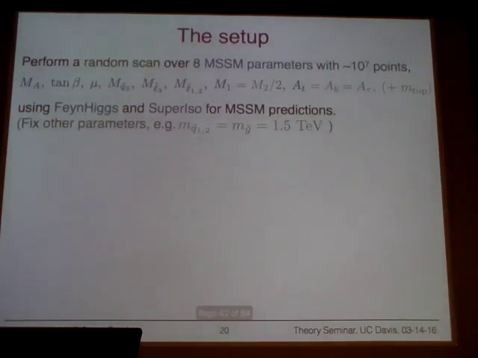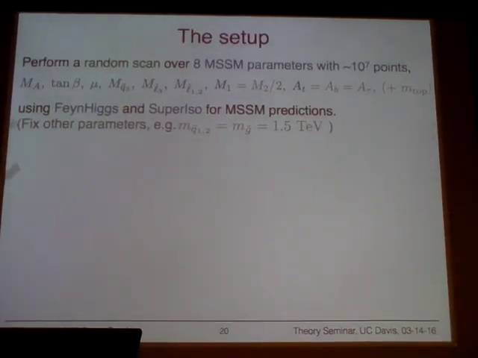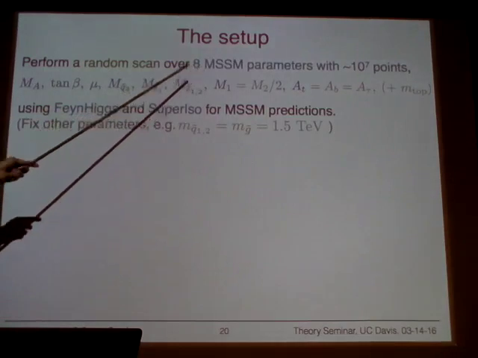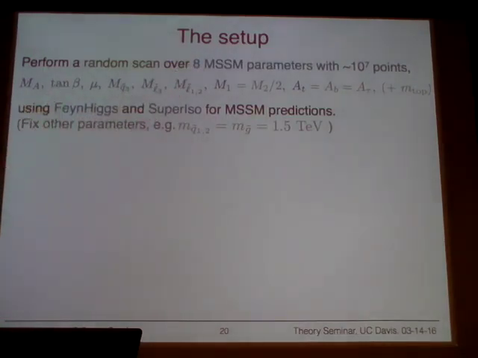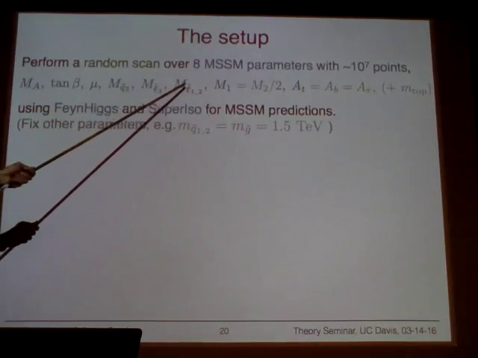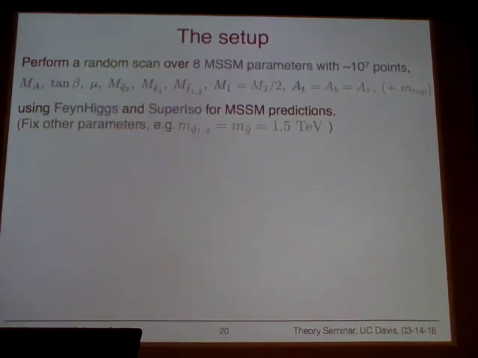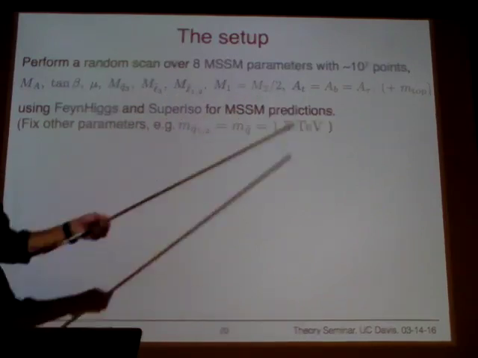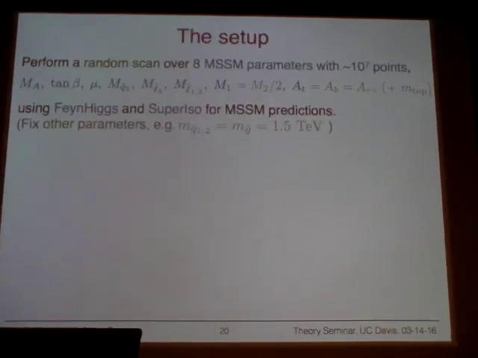A few more technical things here. We scan 8 parameters, just a random scan. We choose these parameters: the Higgs mixing parameter mu, the common third generation squark mass, the third generation slepton mass, the common first and second generation slepton mass, and the chargino mass and A_t.